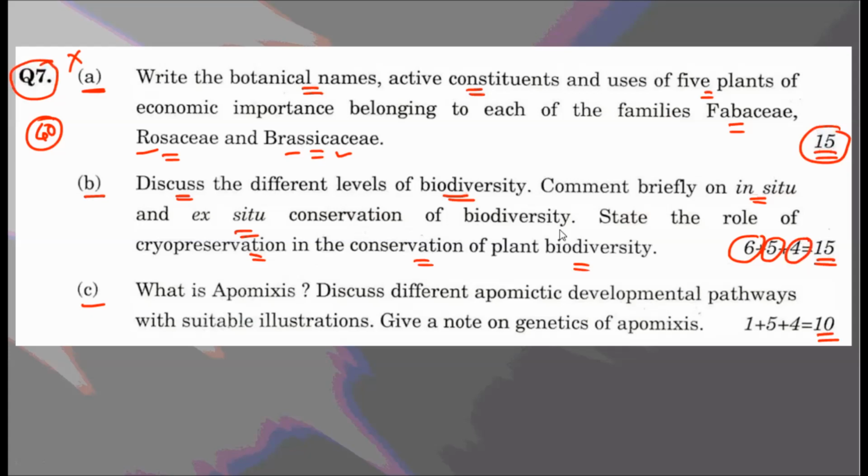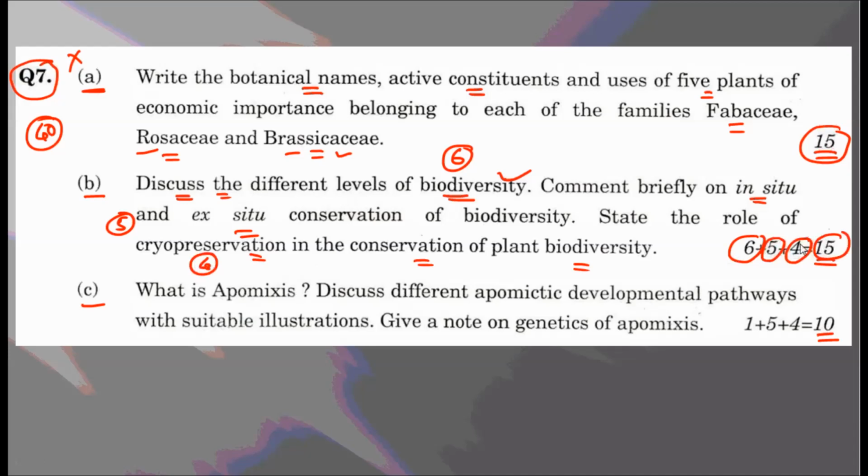In the first part of the question, you have to discuss the level of biodiversity, and for this, you will get the 6 marks. Then, you have to comment briefly on in situ and ex situ conservation of biodiversity. For this, you will get the 5 marks. And in the last part of the question, state the role of the crypto conservation in the conservation of plant biodiversity. For that, you will get the 4 marks, making total to the 15 marks.